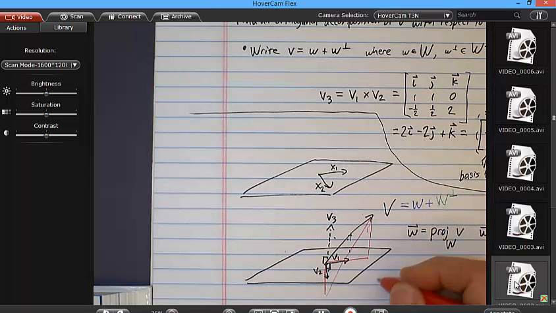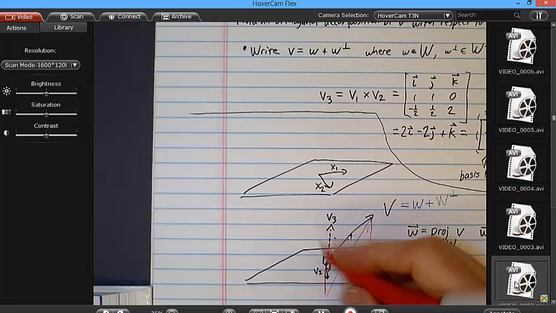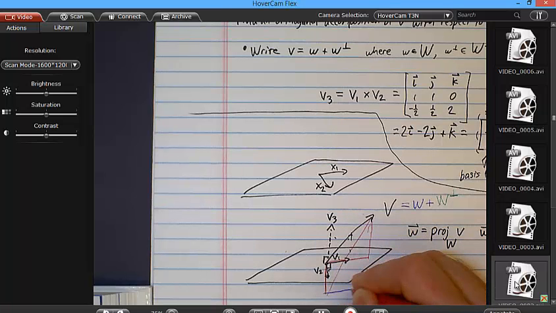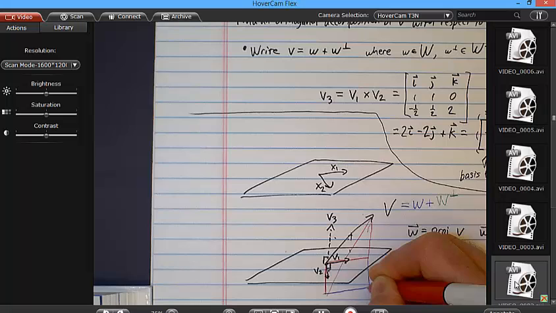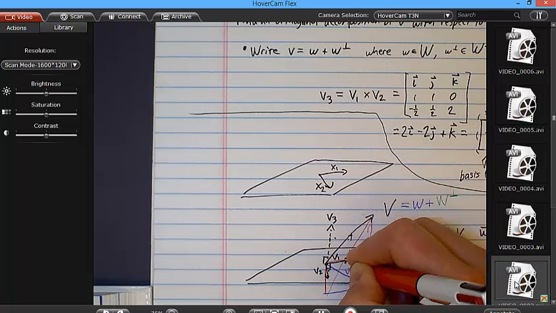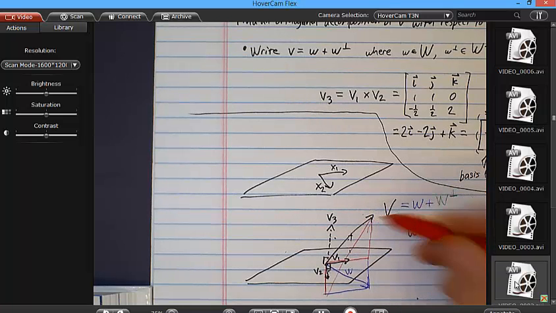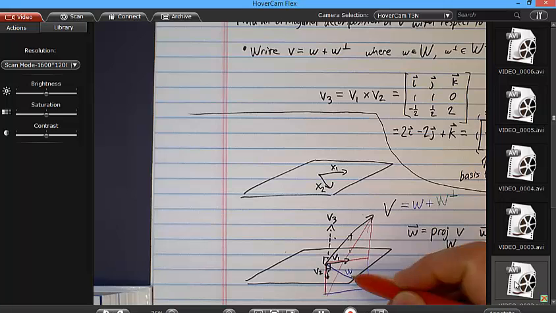But those are orthogonal, and so when I add vectors, I really do get W. And it really is the shadow, the orthogonal projection of V onto big W, onto the plane.